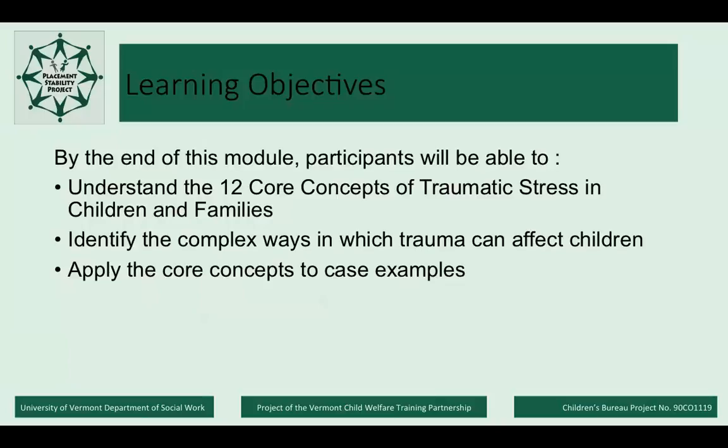In Part 2 of the module, you will be able to explore these 12 core concepts with an interactive case activity, providing an opportunity to demonstrate how the core concepts are an important part of trauma-informed practice in the child welfare system. By the end of this module, participants will be able to understand the 12 core concepts of understanding traumatic stress responses in children and families, identify the complex ways in which trauma can affect children, and apply the core concepts to case examples.